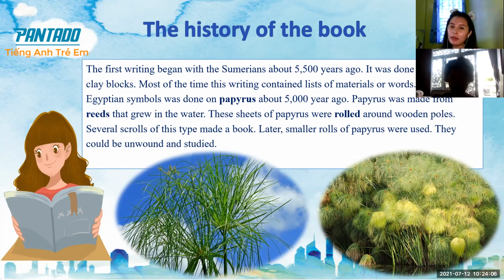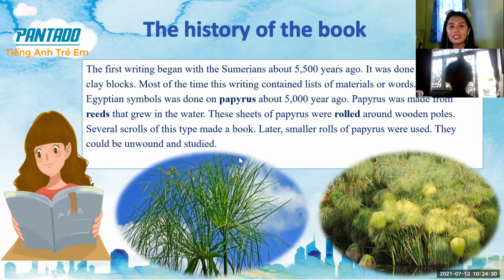And most of the time, this writing contains a list of materials or words. So there is writing there, and it is an Egyptian symbol. And that is called papyrus, about 5,000 years ago. It is made from reeds. You see the plant here, the plant below.